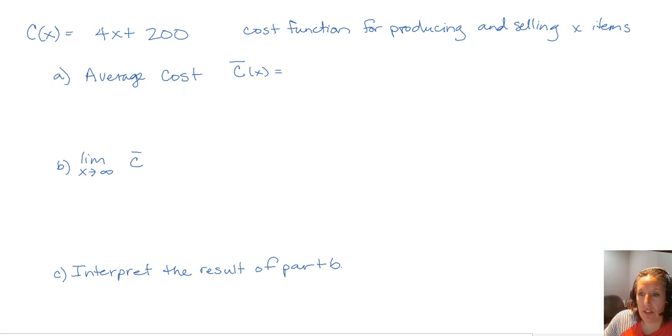So our total cost of x items is going to be that c function, and then we divide by how many there are, in this case, x items. So this is the average cost of each item. If you only produce 10 items, what's your average cost compared to if you produce 1,000 items?